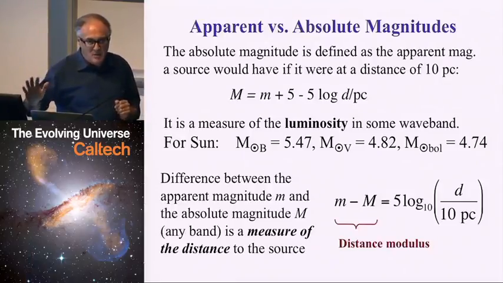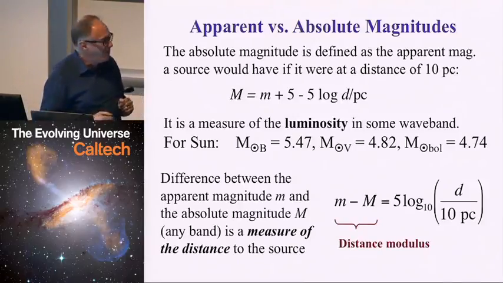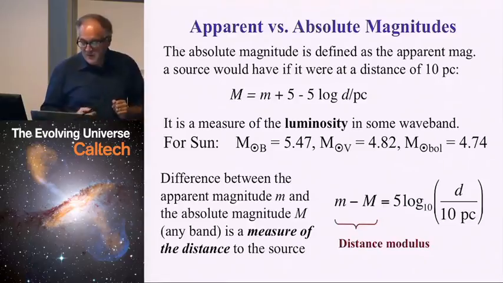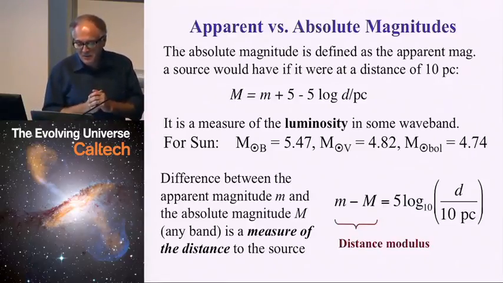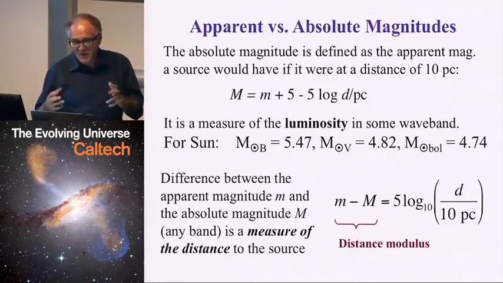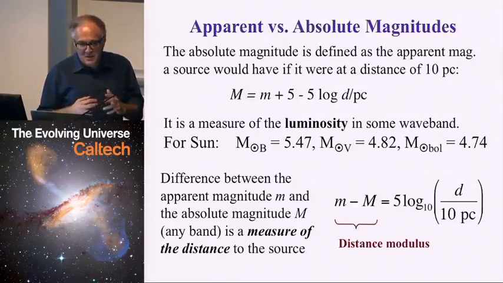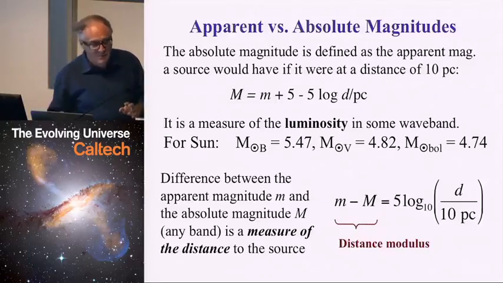And so by measuring their apparent magnitudes, you can infer from the known absolute magnitude how far something is in crazy units of 10 parsecs. And that difference is called the distance modulus. Sometimes you encounter that. So ideally, you'd like to know absolute luminosities as in solar luminosities or ergs per second or whatever, and distances in parsecs or centimeters. But instead of that, we use these somewhat strange units.